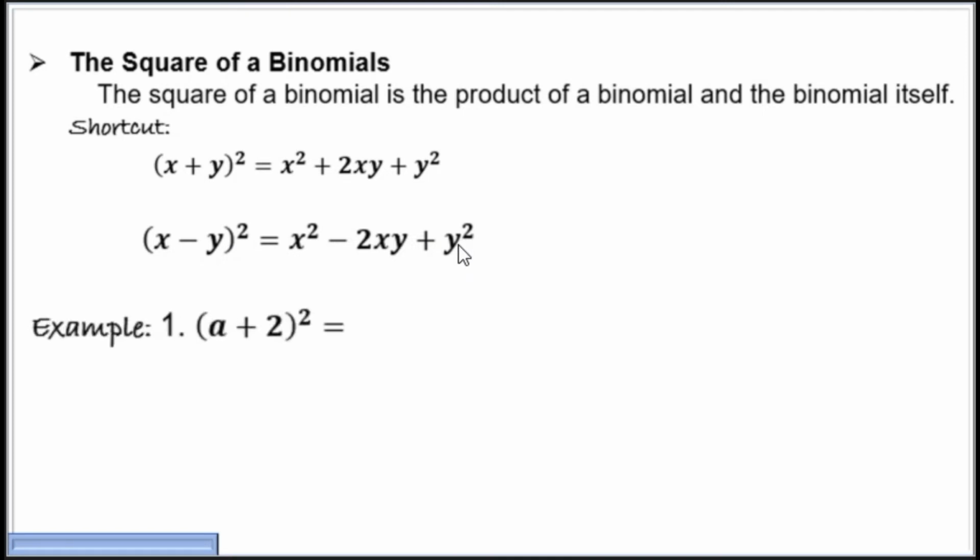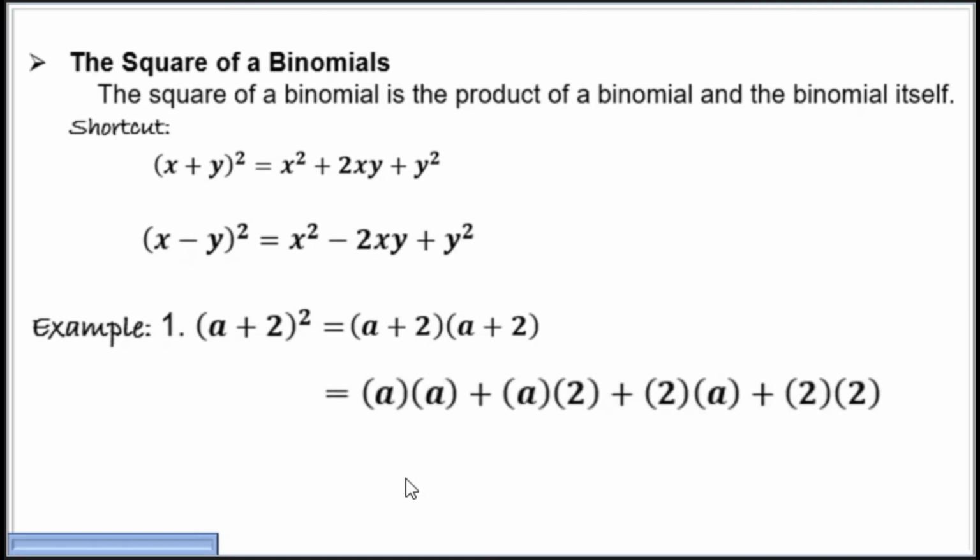Example number 1, the square of the quantity a plus 2 is equal to, we will write it twice because of the 2, so we multiply it by itself. Next is the step-by-step solution, to show that the theorem is correct.